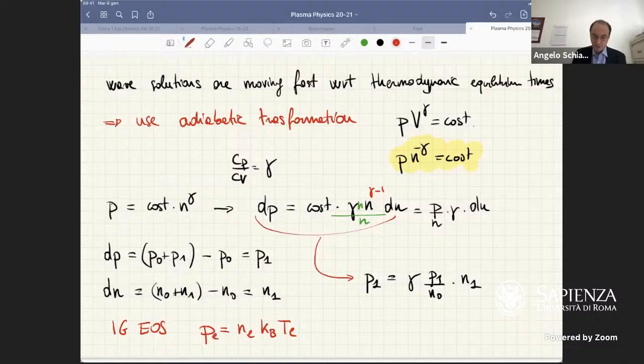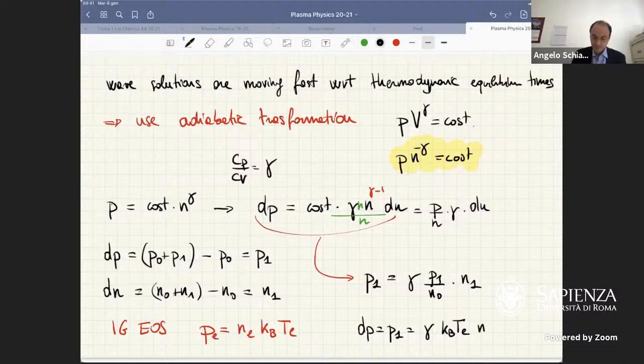So we can say that in the end, dP equals P1, and by plugging in this function here, we have on top gamma that multiplies kBT divided by nothing times n1.